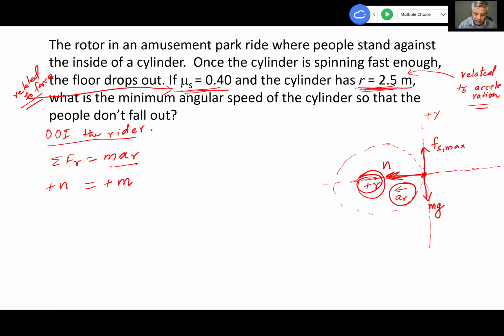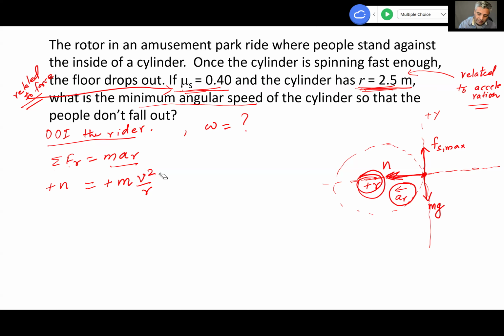And mass and acceleration, when something is moving in a circular path, acceleration can be written as v squared over r. Oh, in this case, it's asking us angular speed, not just speed. So angular speed we want to find.